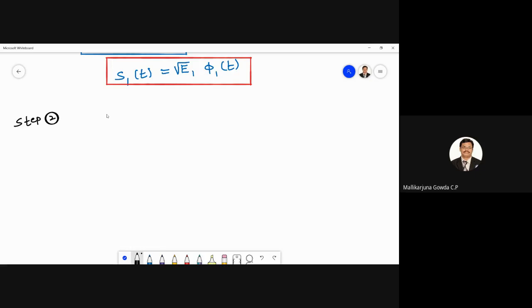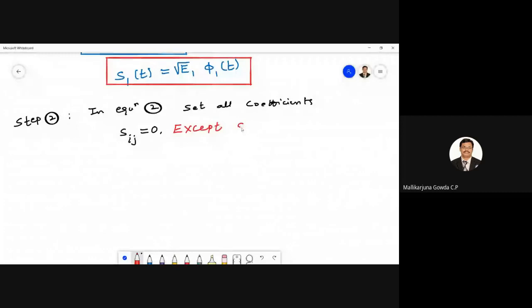So in the second step, in equation 2, I set all coefficients Sij equal to 0 except S21 and S22.